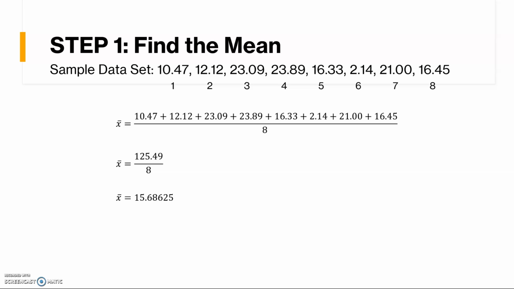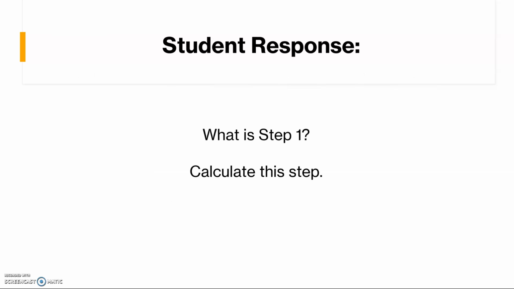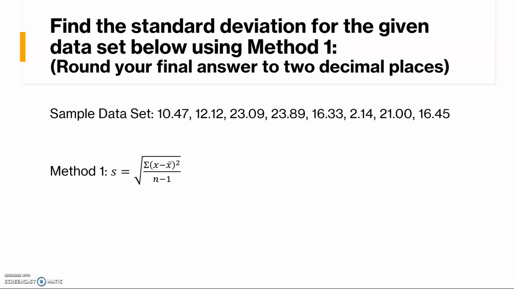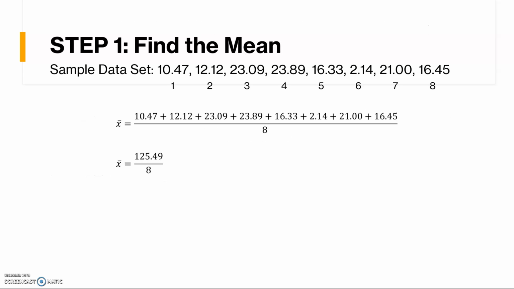Now they asked us to round to 2 decimal places. So in all of our calculations, before we get to the very end, I'm going to go to 3 decimal places and then round to 2 decimal places at the very end. So that's going to give us 15.686. Now notice I am using x with a bar over it because remember, that means sample mean.